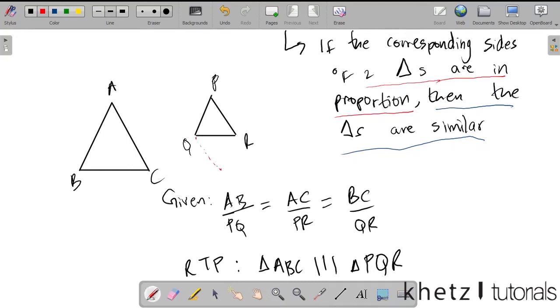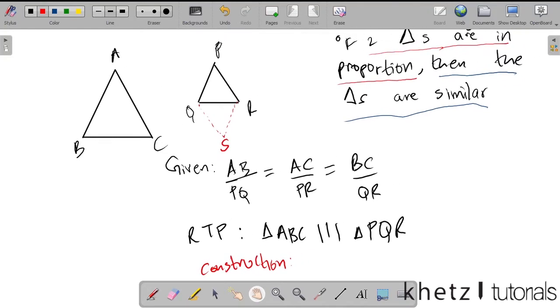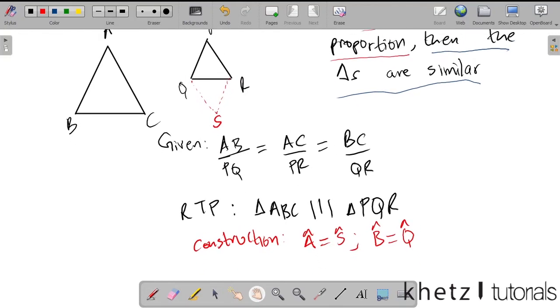We're going to call this part S. And we've made that construction such that our angle A equals angle S and angle B equals angle Q, and this is in the construction, and that construction is triangle SQR.